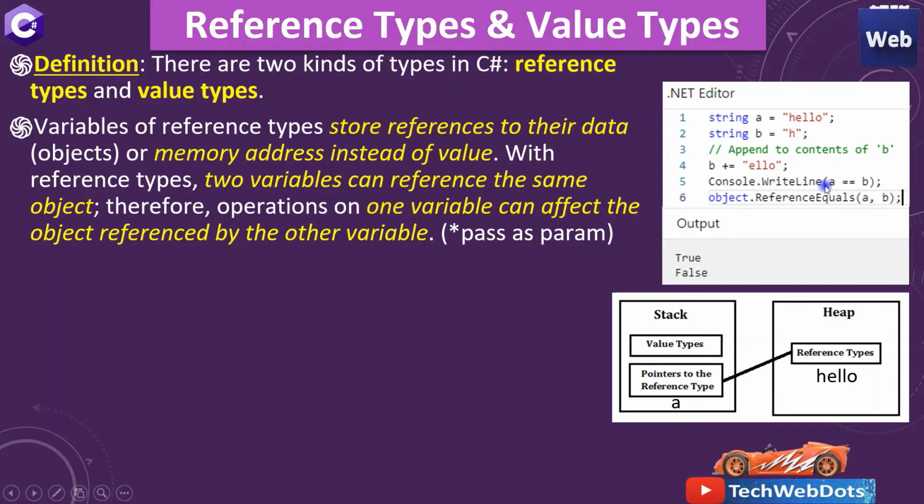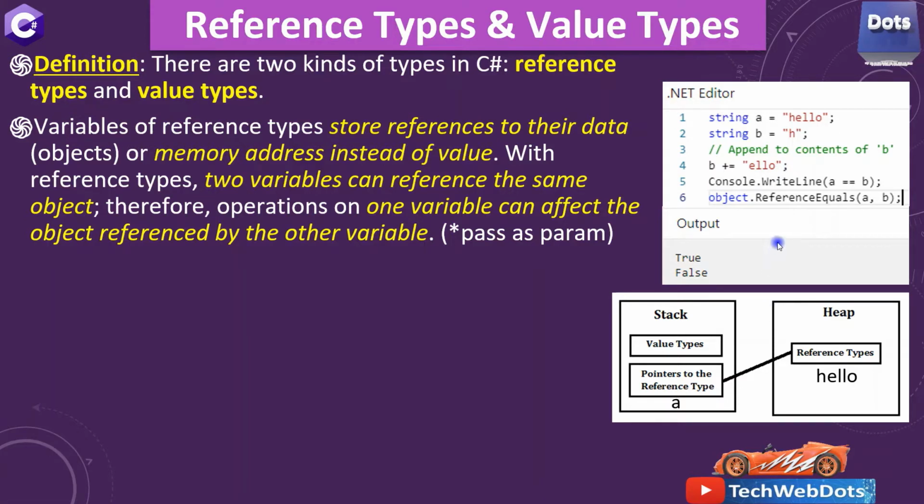If we compare in C# with a console application, A double equals B, it will return true. Yes, it is equal because the value is "hello" in both string A and string B. But if you compare the references with the help of the object method ReferenceEquals, it will return false because they are separate objects in memory.